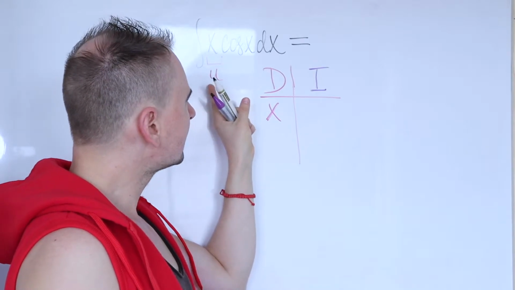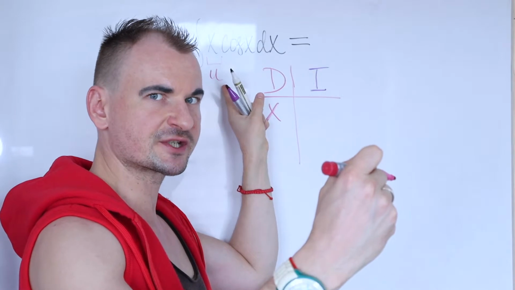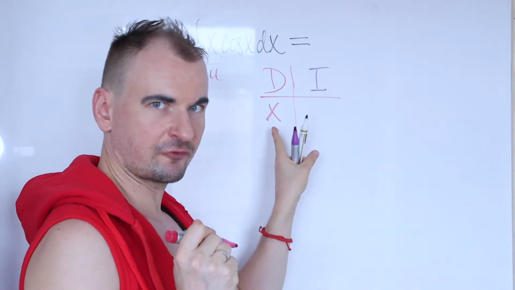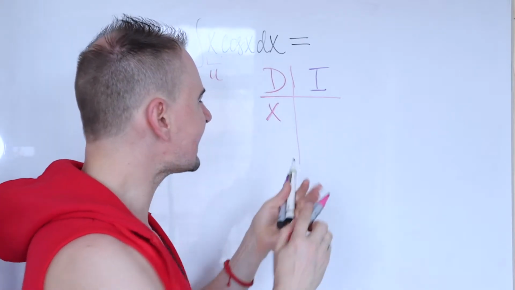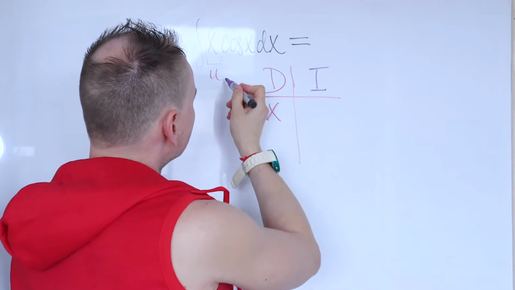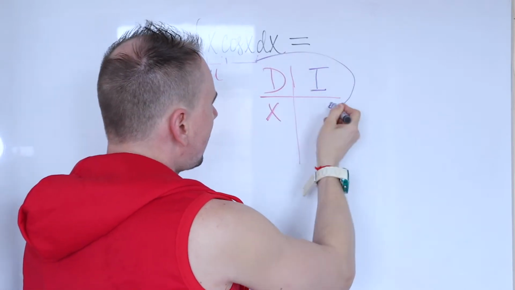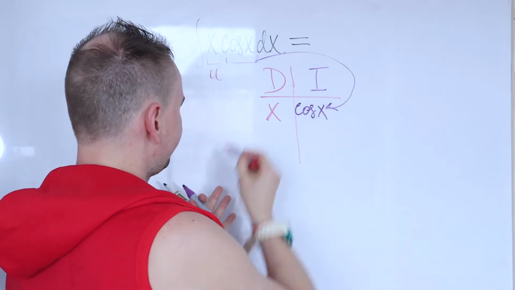So whatever you pick for your u, if you use the UV formula, goes for your D column. So the rest, namely cosine x, goes for your I column.